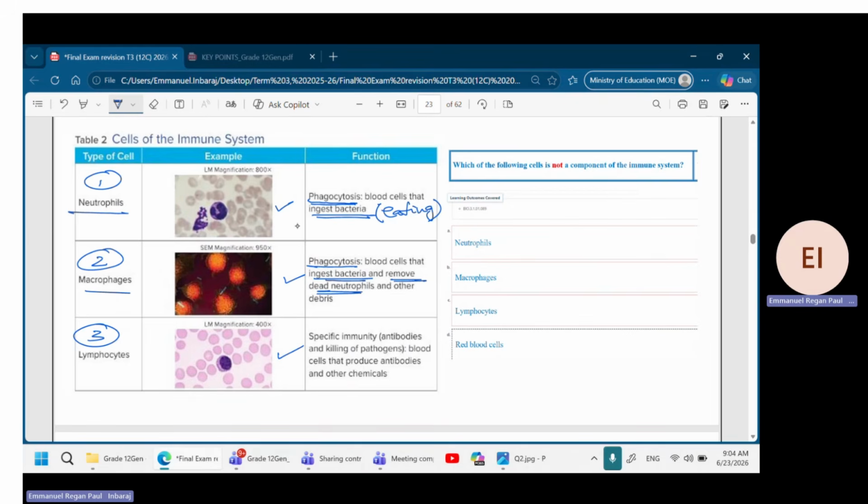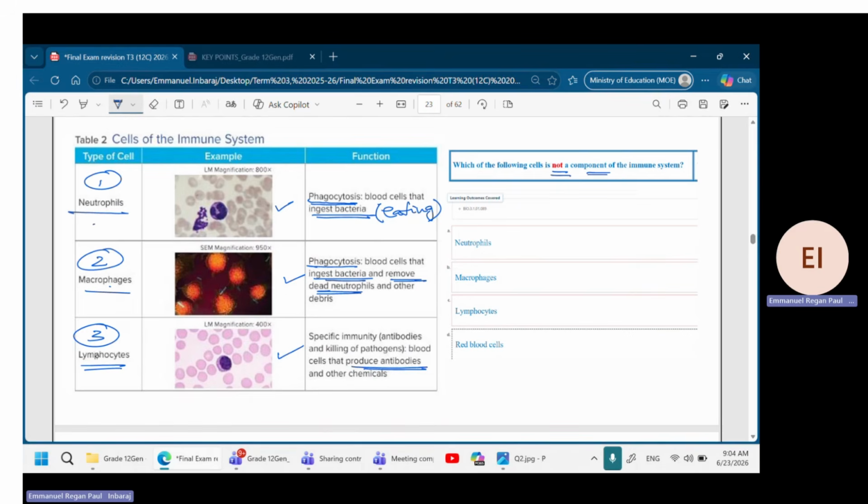So 2 functions: ingest bacteria and remove dead neutrophils. What about the third one, lymphocytes? They produce antibodies. So these are the three functions. Neutrophils ingest bacteria, macrophages ingest bacteria and remove dead neutrophils. Lymphocytes produce antibodies. Now look at it, which is not the component of the immune system.